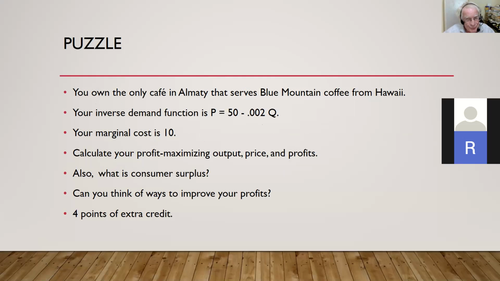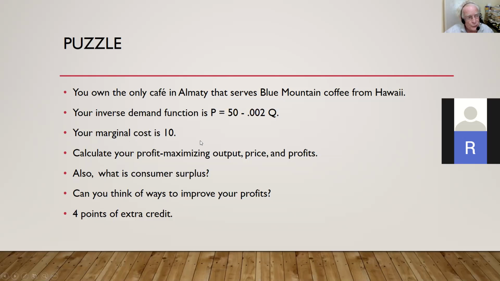Okay, so here's a puzzle for you for the next 3 minutes. Ramazan owns a cafe that serves blue melted coffee. This is a very delicious brand. As far as I know, I don't think it sells in the market, but it should.